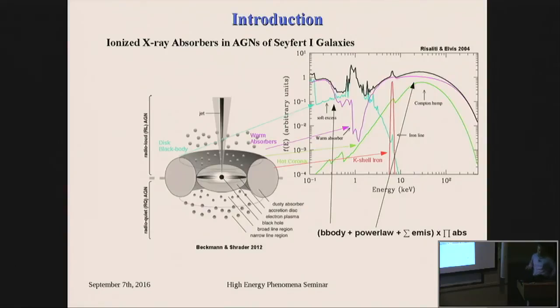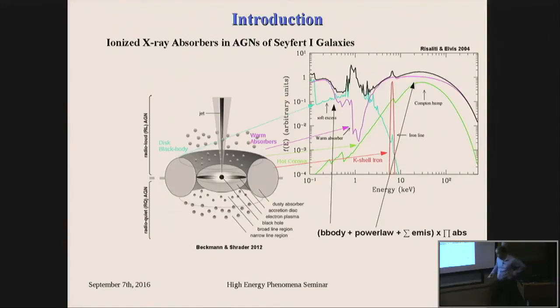In terms of what we learn from X-ray observations of AGN, we learn about the thermal soft excess, which is usually modeled by a black body. We learn about the non-thermal hard excess, which is related to the corona above the accretion disk and is usually modeled by a power law. And we learned that there is a warm absorber, which could be related to outflow above the accretion disk.